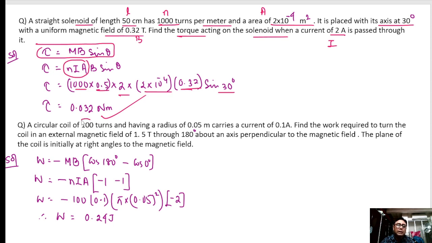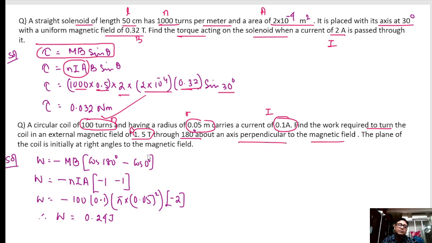A circular coil of 100 turns, N I know. Radius I know. Current I know. Find the work required to turn the coil in the external field, B I know, through 180 degree about an axis perpendicular to the magnetic field.